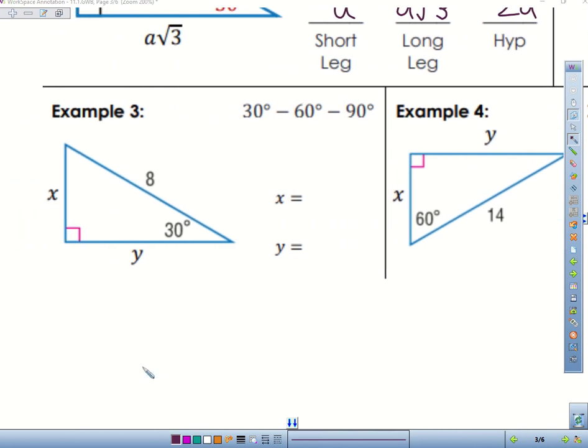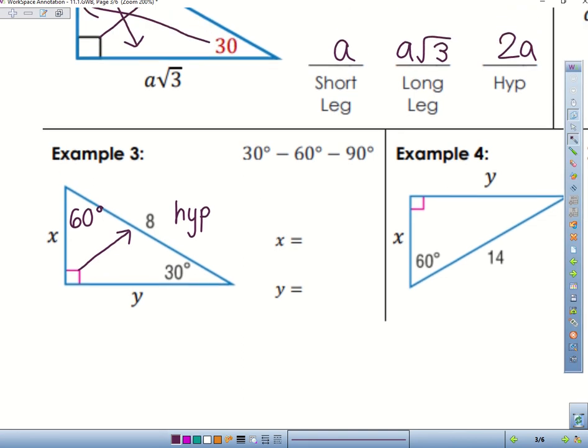Okay, let's apply these concepts to a few problems. The first one is a 30-60-90. If you want to fill in the missing angle, feel free, because remember, triangles add up to 180, so we can always find a missing third angle. First, I identify the side they give me: is it the short leg, long leg, or hypotenuse? Once you identify it, you set it equal to its formula.